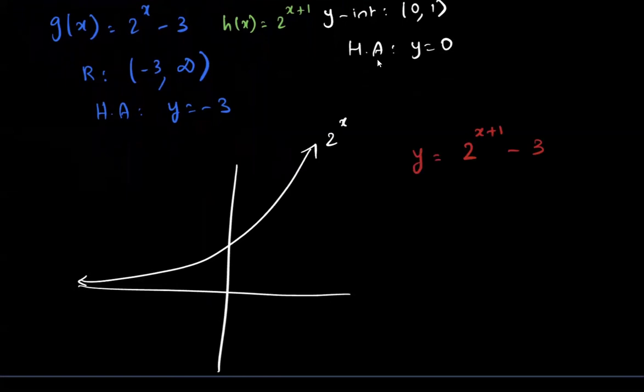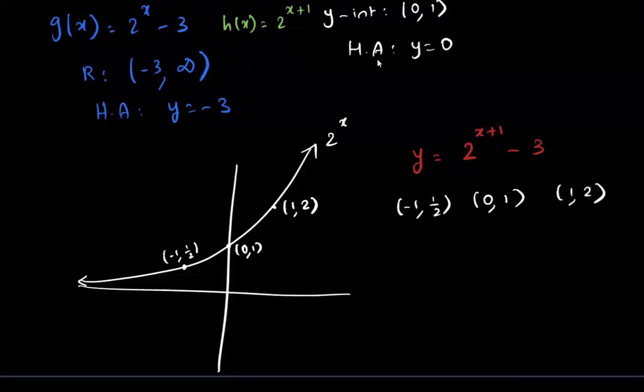So my original 3 key points were these. Now my x value is going to be moved by 1. My new 3 key points are going to be x becomes -2, -1, and 0. Y becomes -2.5, -2, -1.